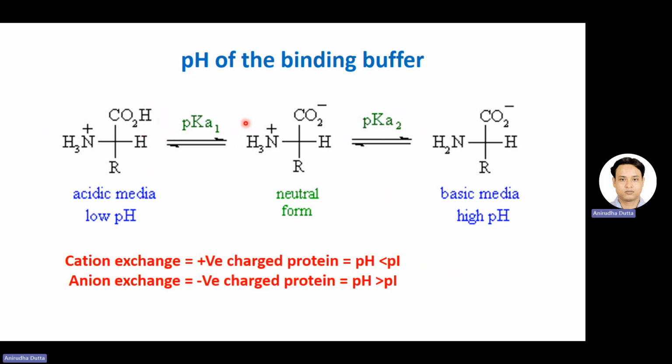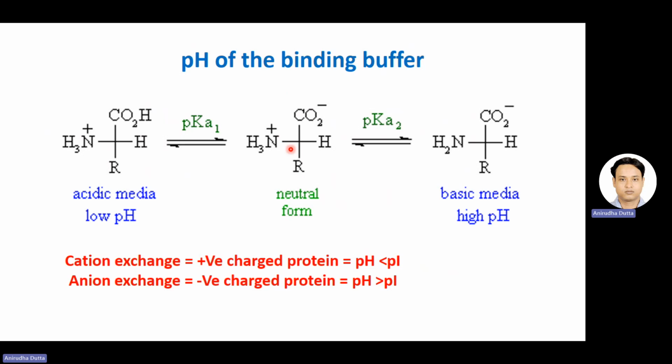The pH at which the amino acid has a net charge of 0, that would be the neutral form of the amino acid, and that is the pI, or isoelectric point, of that amino acid. In the same way, as protein is made up of amino acids, there would be a neutral form at a particular pH at which the protein would have a net charge of 0.